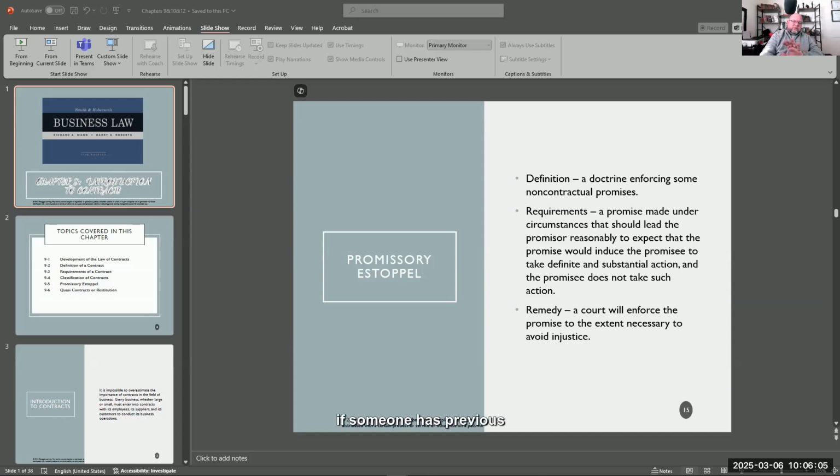If someone has previous dealings, and I'll discuss this when we get to the slide about it in two chapters from now, really and truly it boils down to the belief of the promisee, the belief that the person who has received the promise and the faith they put into the person making the promise is pretty much what it boils down to.